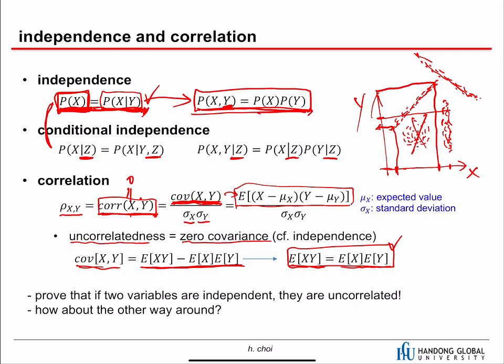If we have this independence equation, then definitely x and y are uncorrelated. So this one implies this one, but not the other way around. Even when x and y are uncorrelated, they might still be dependent. So this one doesn't guarantee this one.